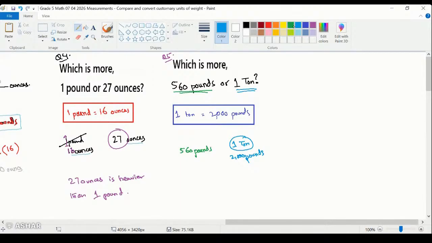Obviously, 2000 pounds will be heavier. So we say 1 ton is heavier than 560 pounds. Agreed? Do we agree till here? Okay, perfect. Let's go ahead.